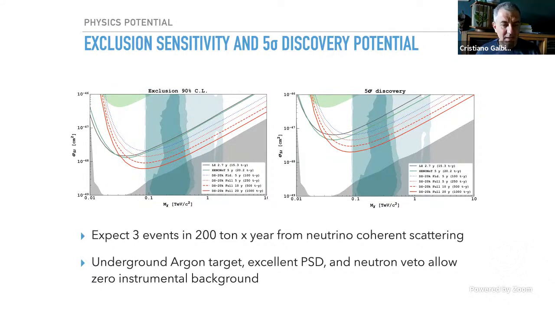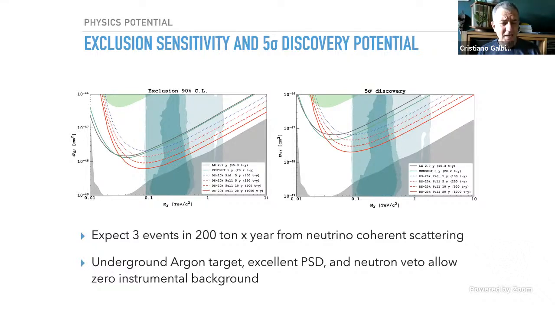In red and in blue, you see the curves of sensitivity for DarkSide-20k, which are extrapolated over the course of a 10 and 20 years run.